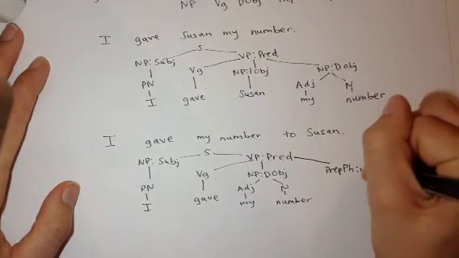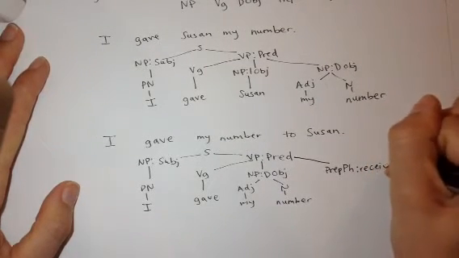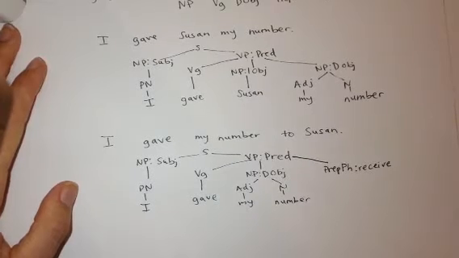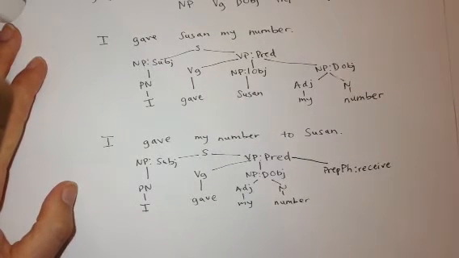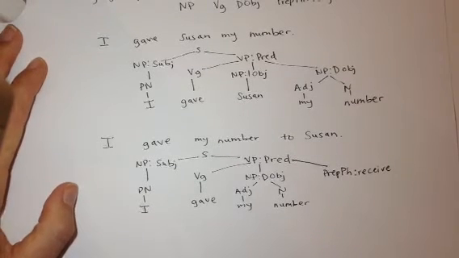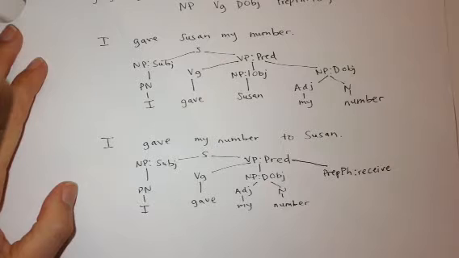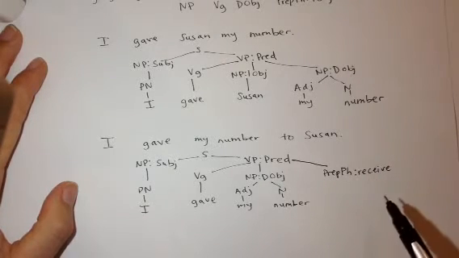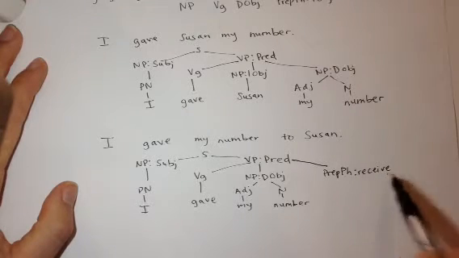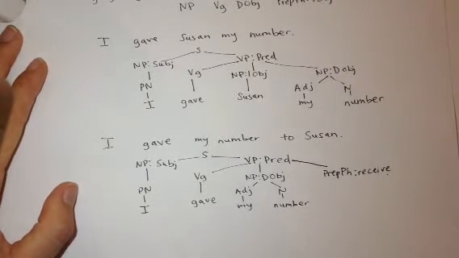So we're going to write receive, because it's going to hold our indirect object. And for every prepositional phrase of receive, we have the indirect object. We won't always have that because we won't always have a prepositional phrase of receive. And I'll show you some more examples.